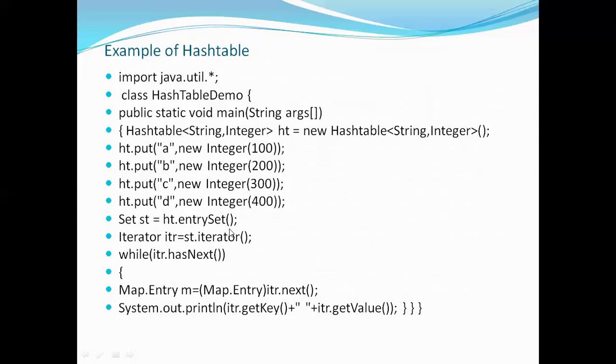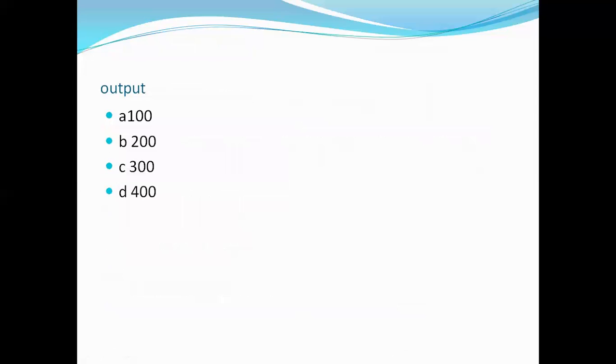Actually, this entry set is entering key and value pairs. While retrieving every object, I am storing it in Map.Entry. So this Map.Entry will map the key with the value, and while printing, I'll print key and value separately, leaving a space in between. So your output will be something like this, key and value likewise.